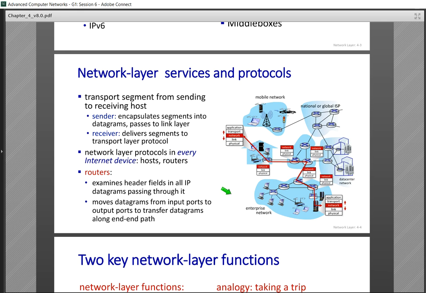When we talk about network layer services, as we talked in chapter 1, this layer handles the packet.